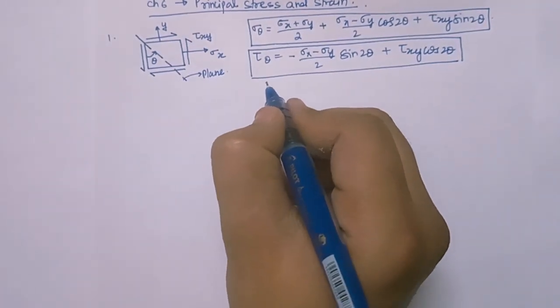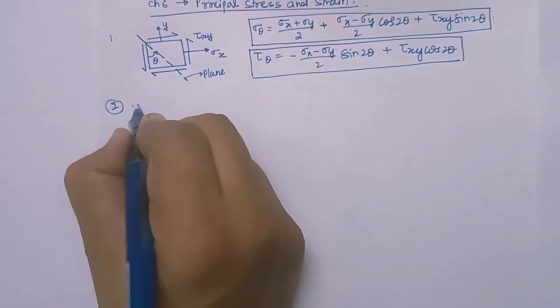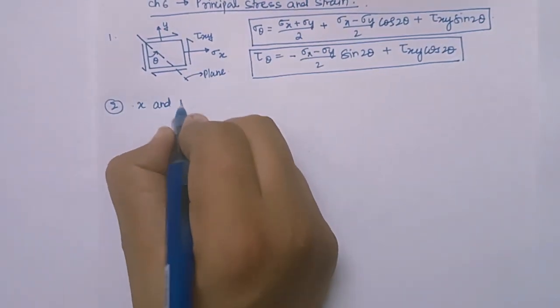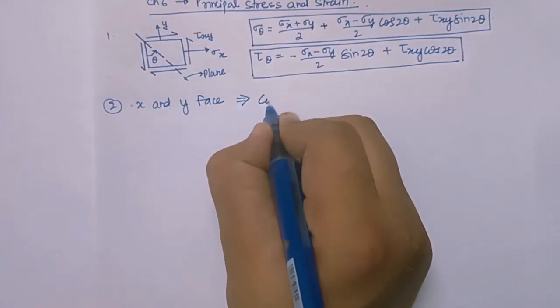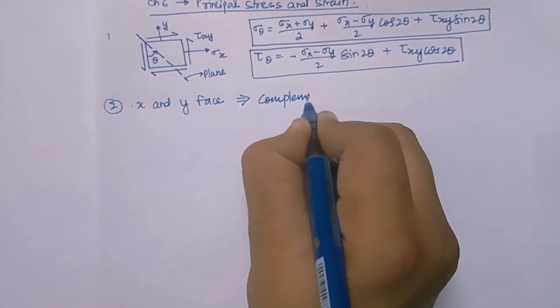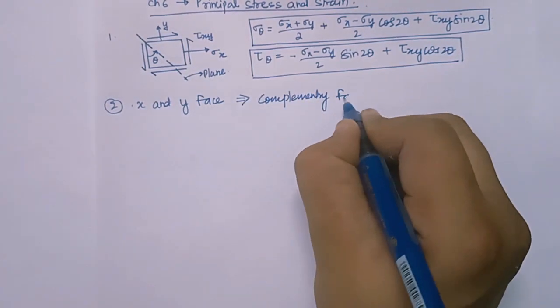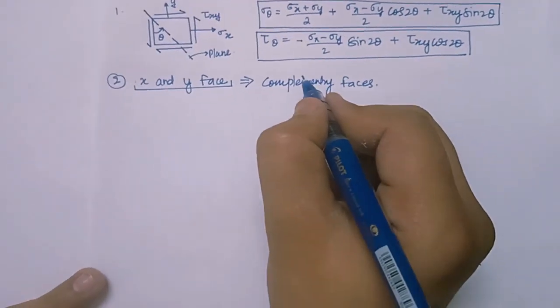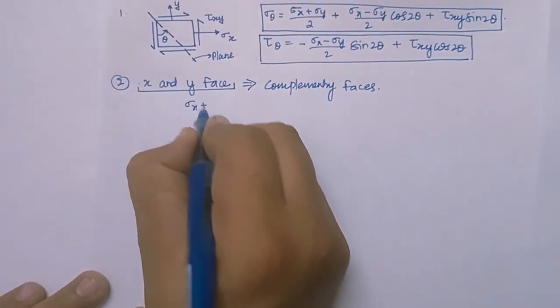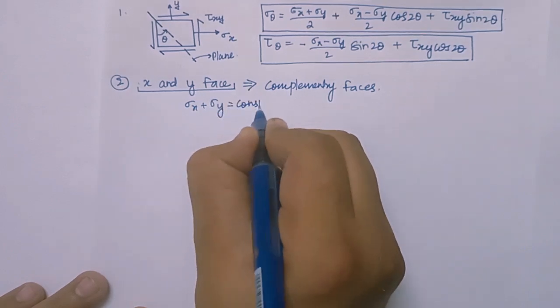Now the second point: the x and y faces are called complementary planes, or you can say complementary faces. If they are complementary, then the value of sigma x plus sigma y is always constant.